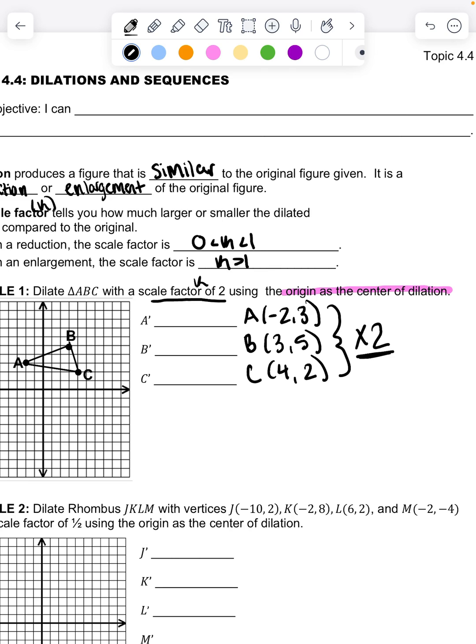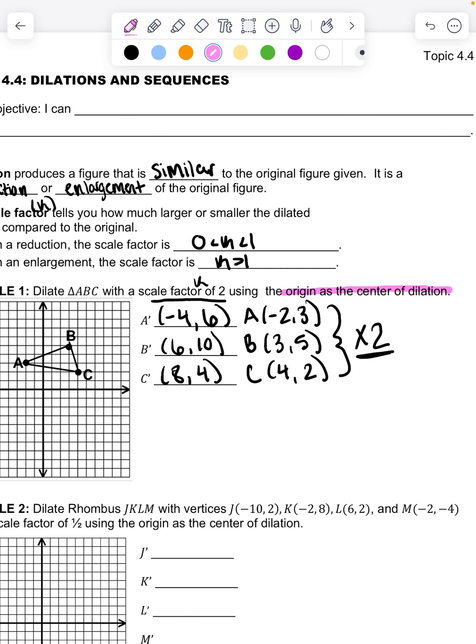So if we multiply -2 times 2, we get -4. And 3 times 2, we get 6. So that means A prime is at -4, 6. We're just going to do that to B and C as well. So B prime is going to be at 6, 10. And C prime is going to be at 8, 4. Okay? And that's all we have to do.